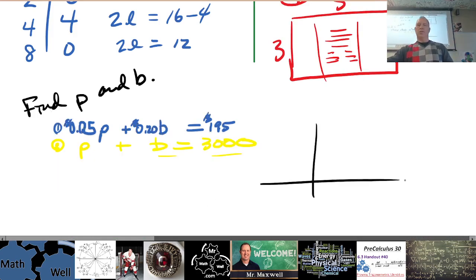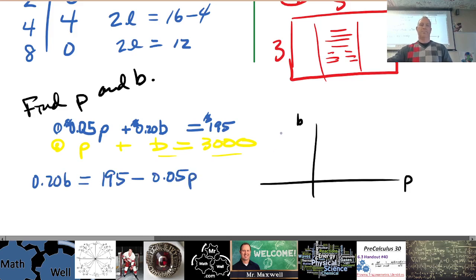So what do you think? Let's do P down here and B here. So P is our x, B is our y. So let's solve for B. In the blue graph, we have to do a little bit of work first. So 0.20B equals 195 minus 0.05P. Now to get B by itself, I divide everything by 0.2, right?